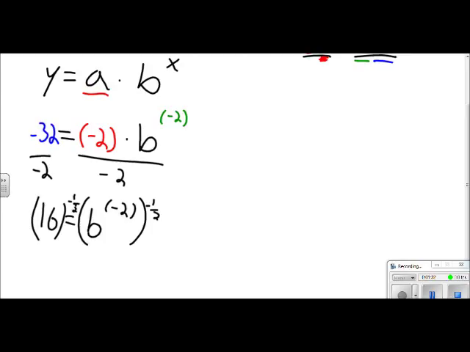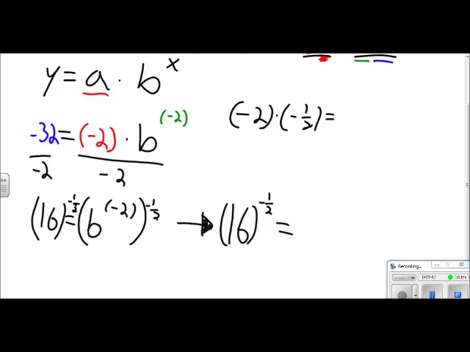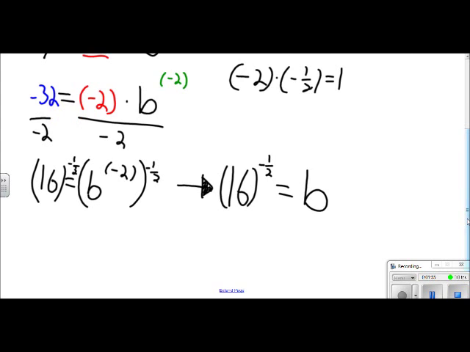Because -2 times -1/2 equals 1, so it will just be b. Now, we need to solve for 16 to the -1/2. Well, 16 to the 1/2 is just the square root of 16, so it would be 4. But since we have that negative out in front of it, we have to do the reciprocal. So it would actually be 1/4 equals b.